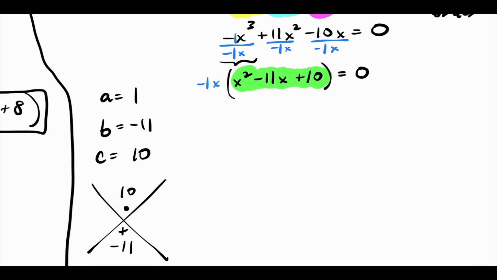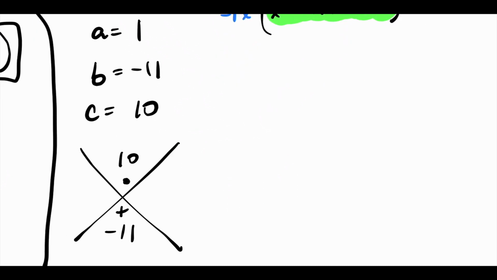I need the two numbers that multiply to be 10 and add up to be -11. So you got 5 and 2 or 10 and 1. Well, to be 11, it's got to be 10 and 1. But to add up to -11, they both got to be negative too.